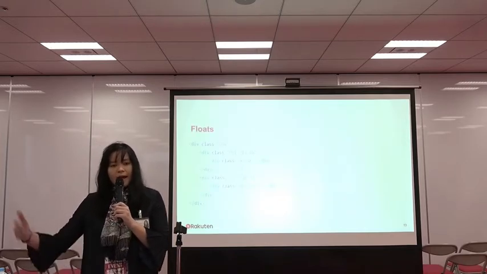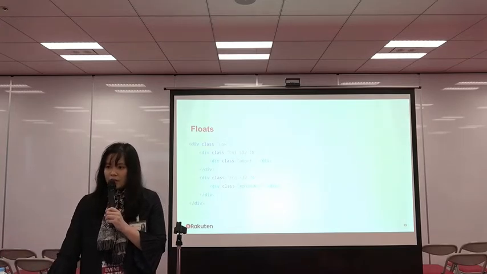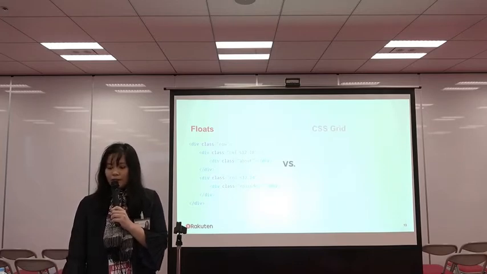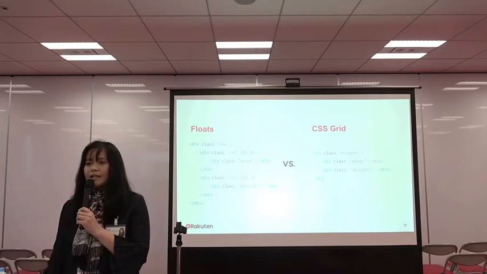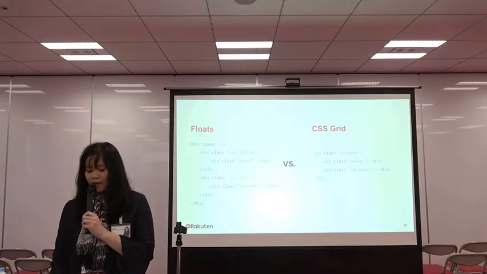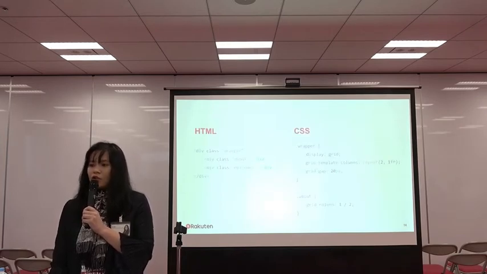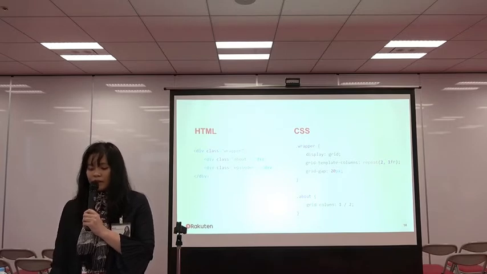You will notice that, as I mentioned before, the HTML code is very verbose for float-based layout. This is because you need those row wrappers in order to push and pull your margin and also to clear those floats. But with CSS grid, you have HTML code that is much more succinct. Why is that? Well, instead of actually relying on the source order of your HTML, you can control your layout in a very straightforward manner through CSS.